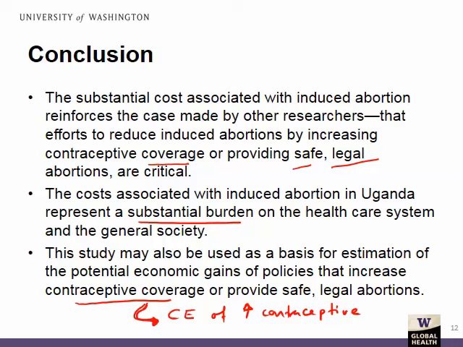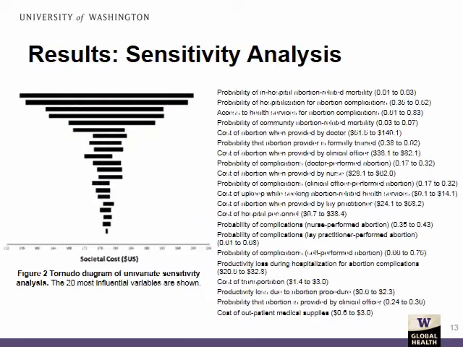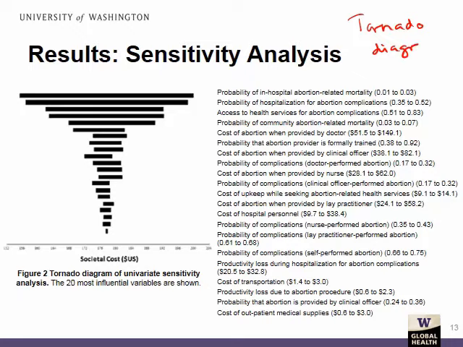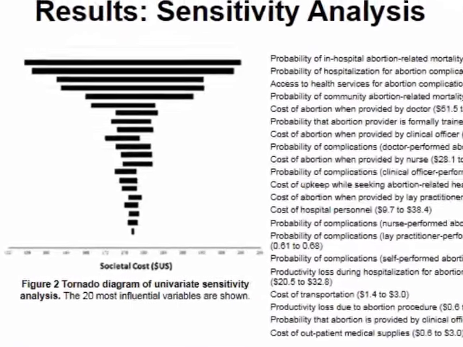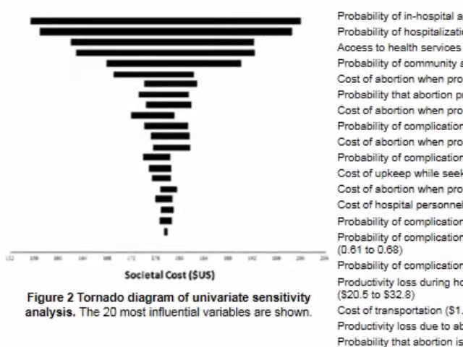Before I finish, I wanted to reinforce sensitivity analysis with this figure, which came from this particular study. It's called a tornado diagram. A tornado diagram shows the impact on a model-based estimate of changing different parameters.